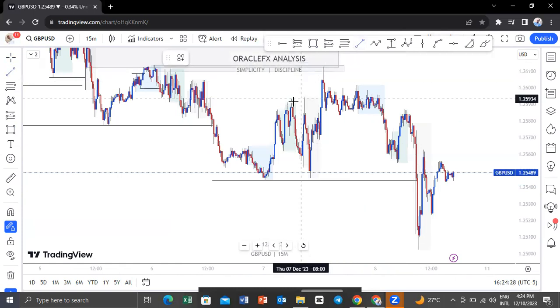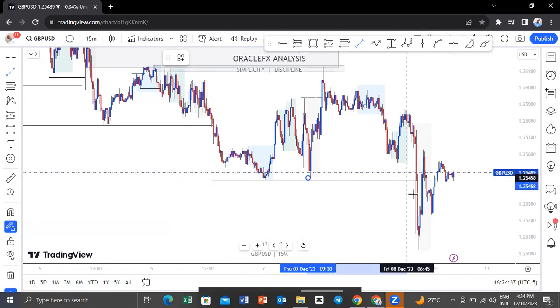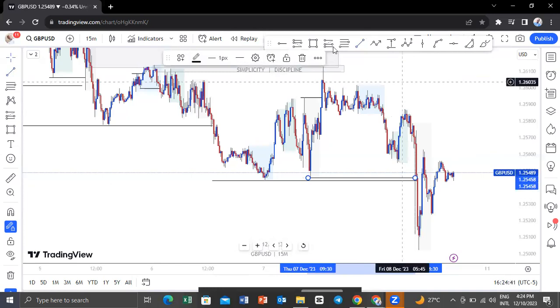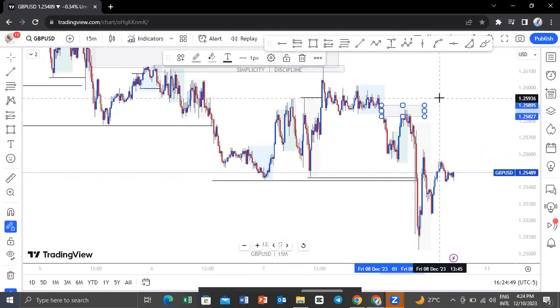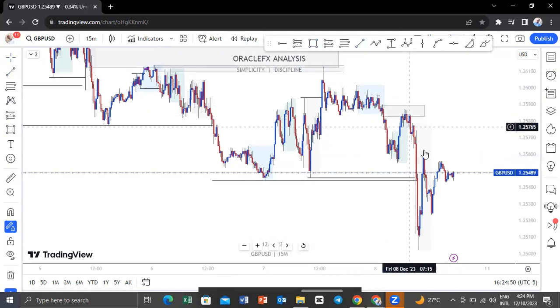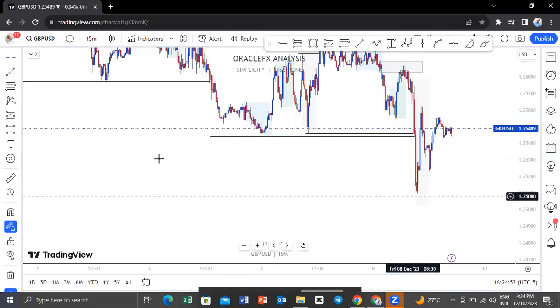This was the last low here in our contraction phase. So this was when we had a change of character to the downside, and price came back to another block here, as you can see, and tested the level, and we had price pushing to the downside.